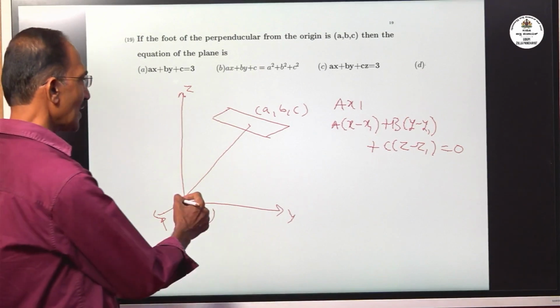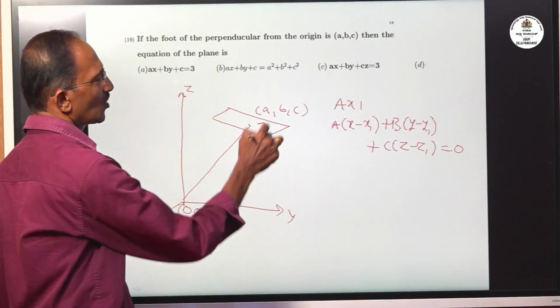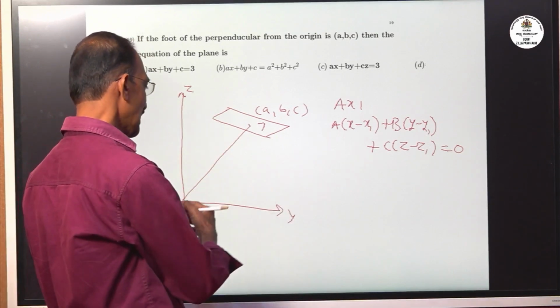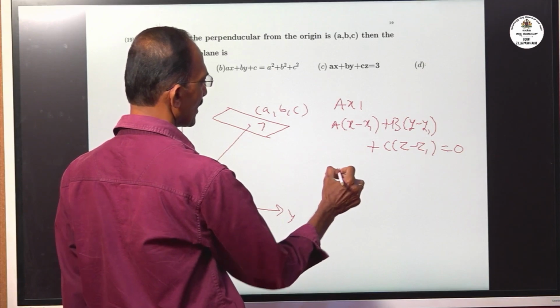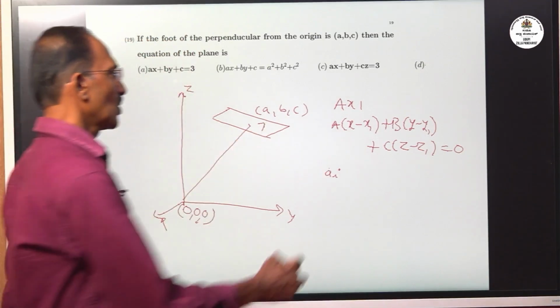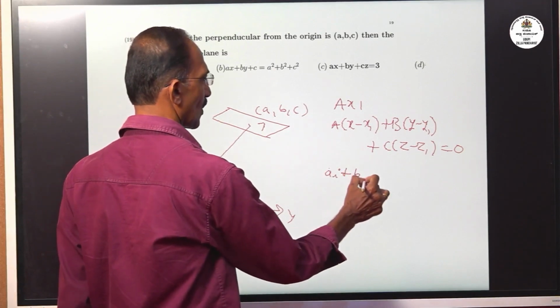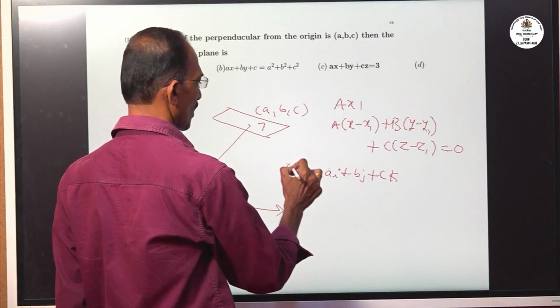So what are the direction ratios of this line, or the normal vector to the plane? Clearly that is a minus 0, that is ai, and b minus 0, that is bj, and ck, which is our normal vector.